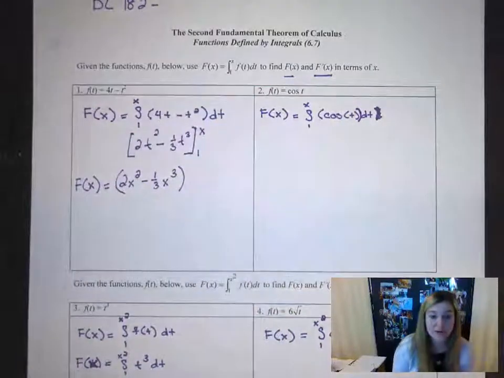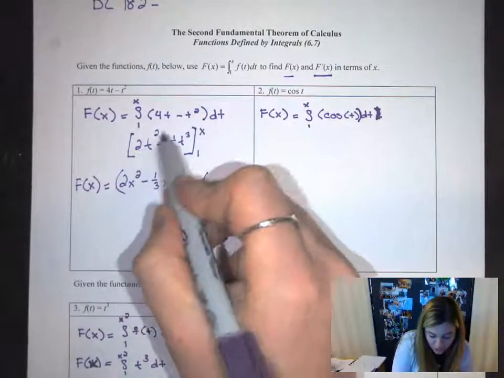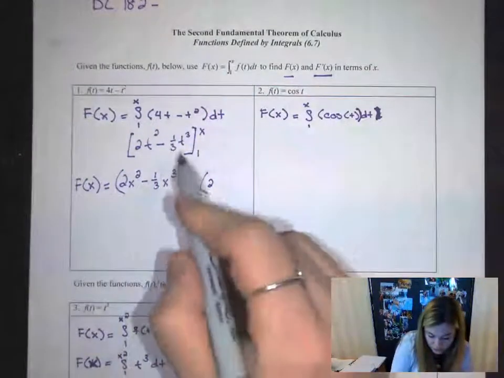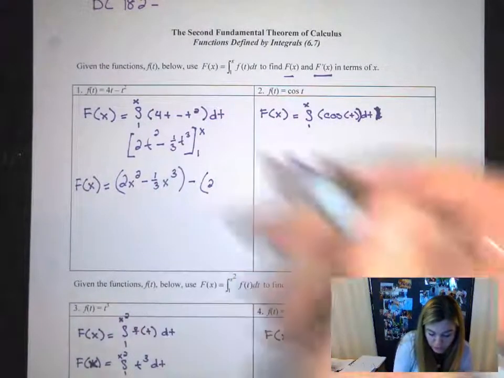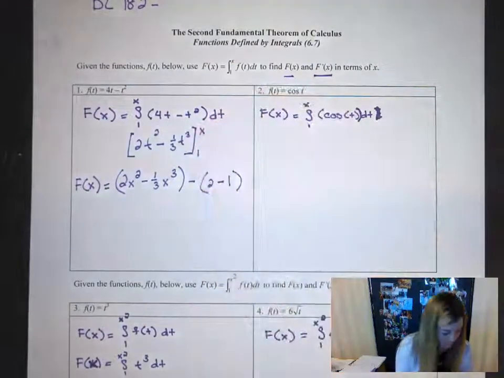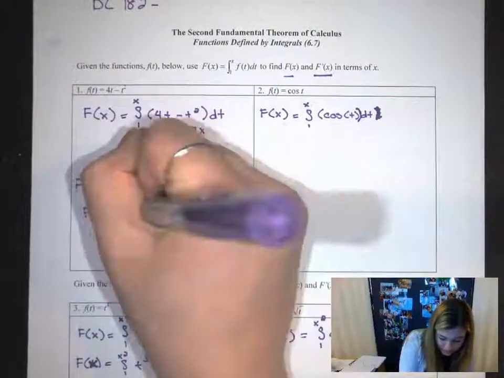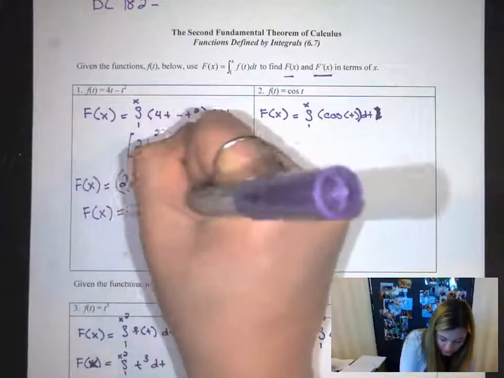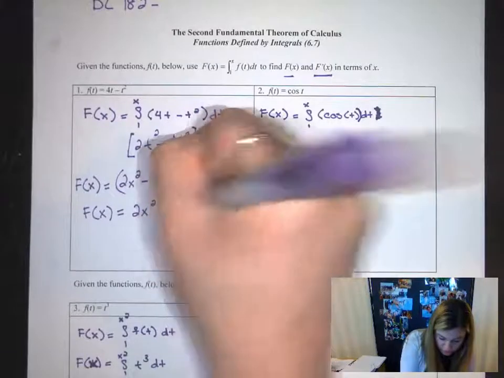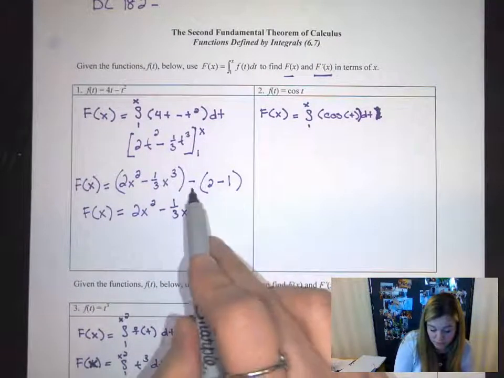That's what I get when I put in x, minus 2 times 1 squared is 2. 1/3 times 1 squared, or 1 cubed, is 1. So for F of x, I get 2x squared minus 1/3 x cubed minus 2 minus 1 would be 1 minus 1.